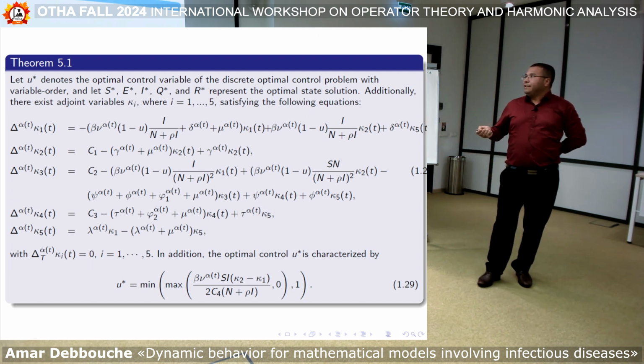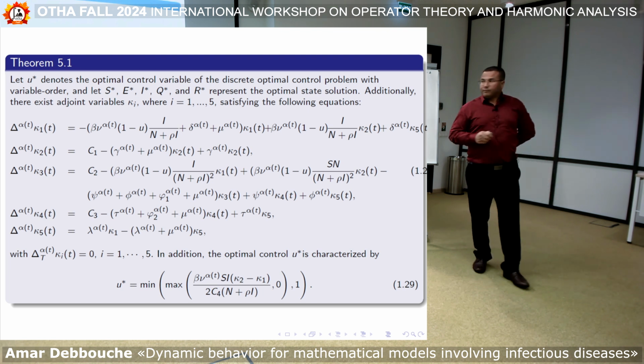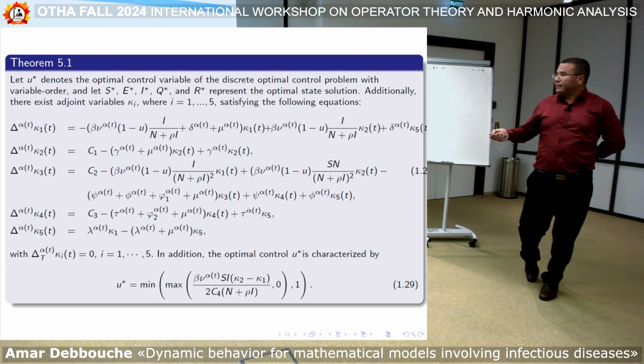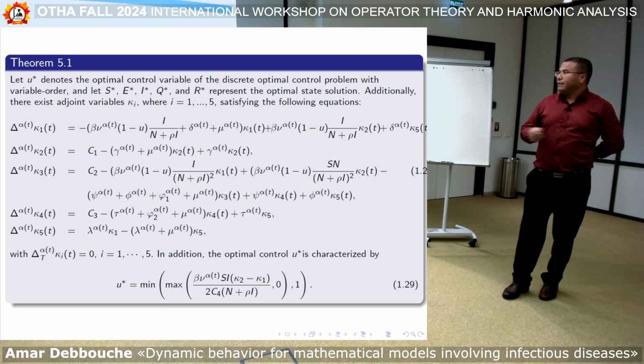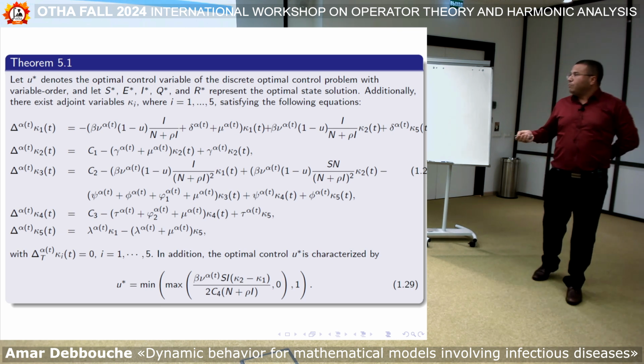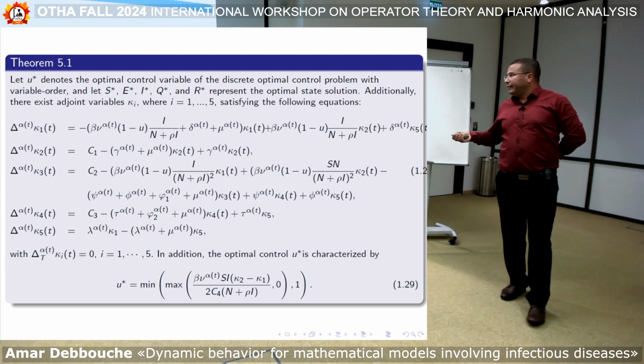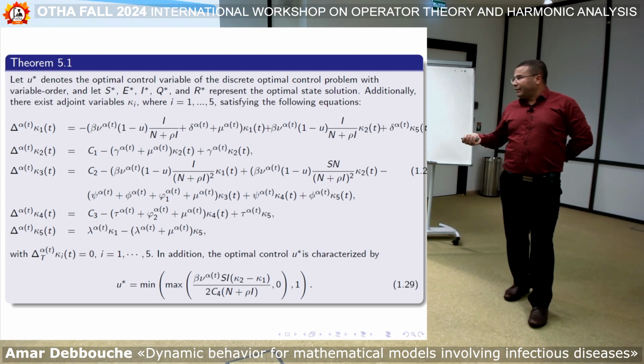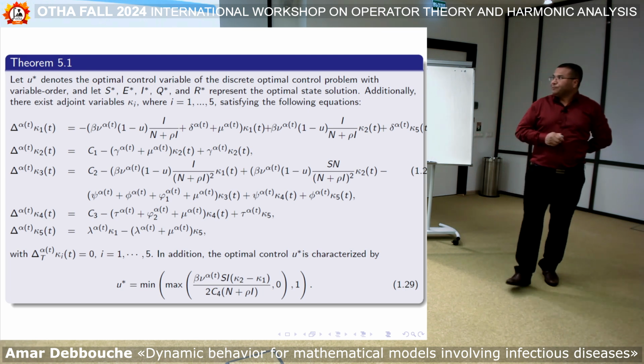Then there exist adjoint variables K A satisfying the following equations associated with this sufficient condition. In addition, the optimal control U star is given with this form, the minimum of the maximum, as you see.